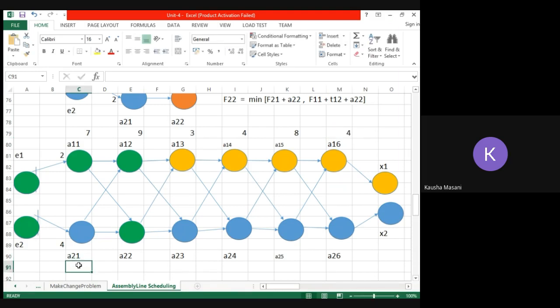Station values at line 2, everyone please note it down: 8, 5, 6, 4, 5, and 7. Okay, these are your station values.